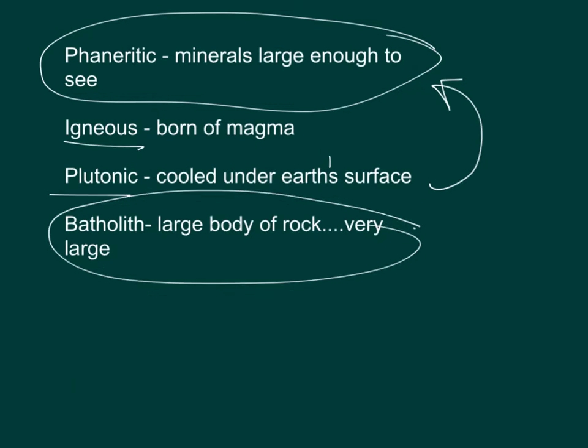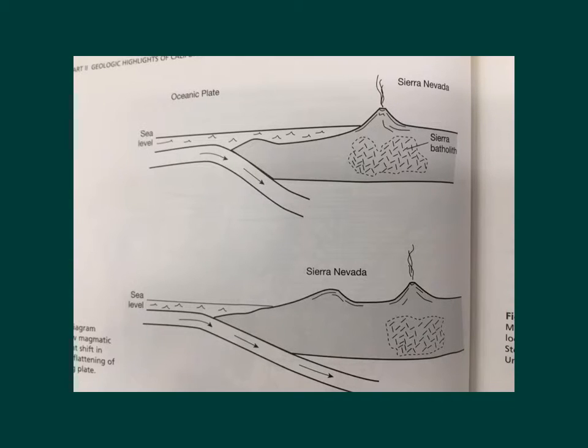So let's hop forward. This is pulled straight out of a California geology textbook, and we want to talk about how the Sierra Nevadas formed. We have this diagram here. We had talked a little bit in class about subduction. Right here we have this plate that is being subducted underneath.